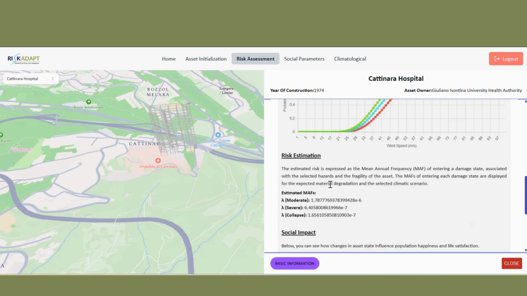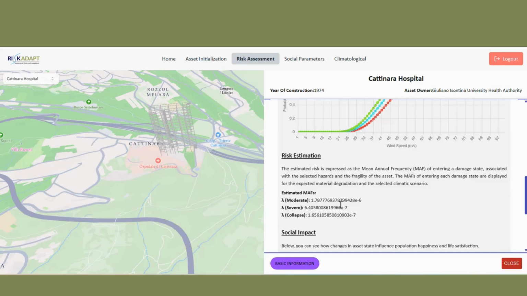As you can see, we end up with very low mean annual frequency, which if you take the reciprocal, you end up with a return period. For instance, an annual frequency of 0.001 corresponds to a return period of 1,000 years.